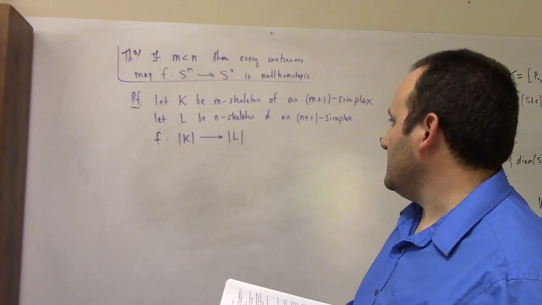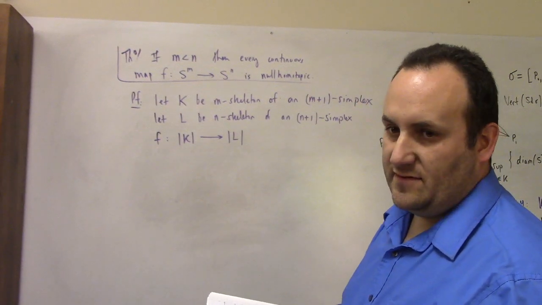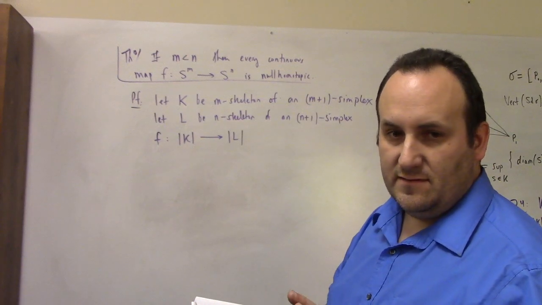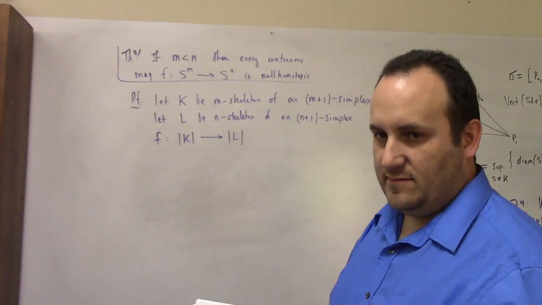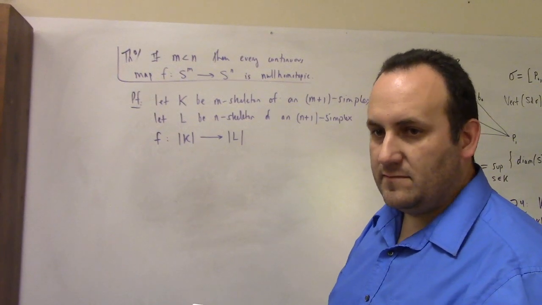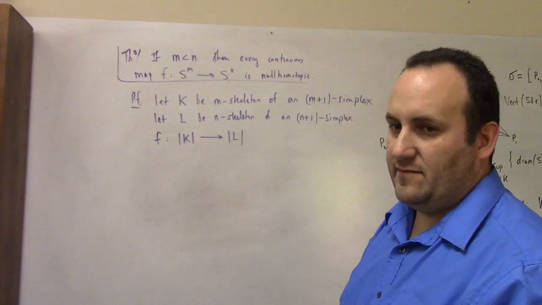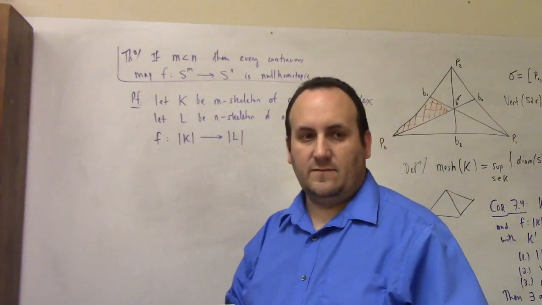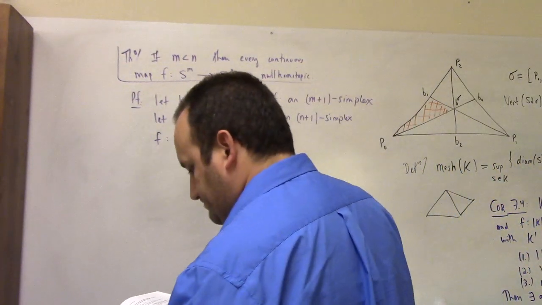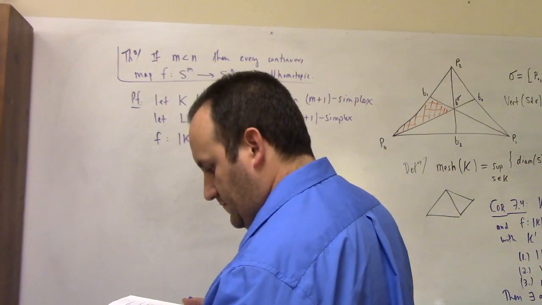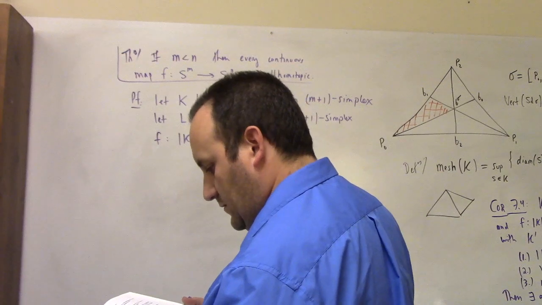So for example, the skeleton of just the triangle is just the edges and the vertices, and that's the circle. Or the tetrahedron's faces, just the sphere. Okay, I think that's actually reasonable.